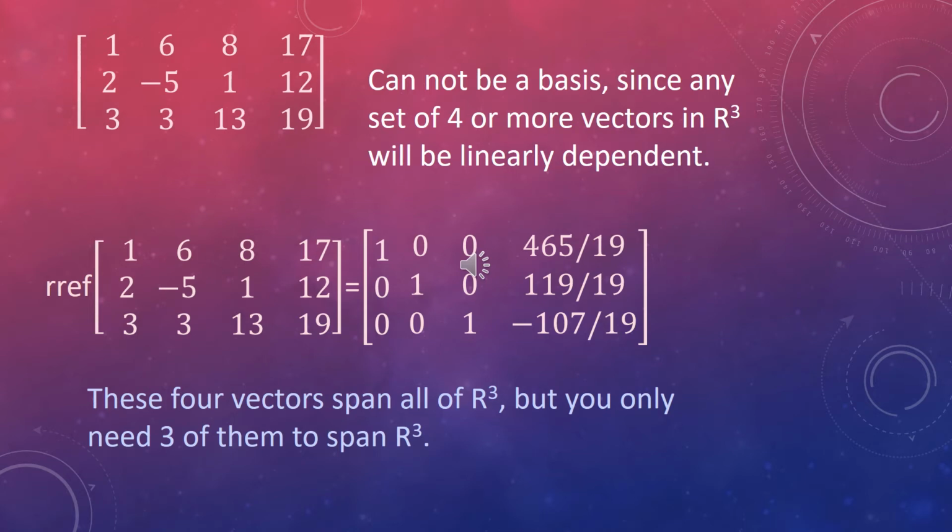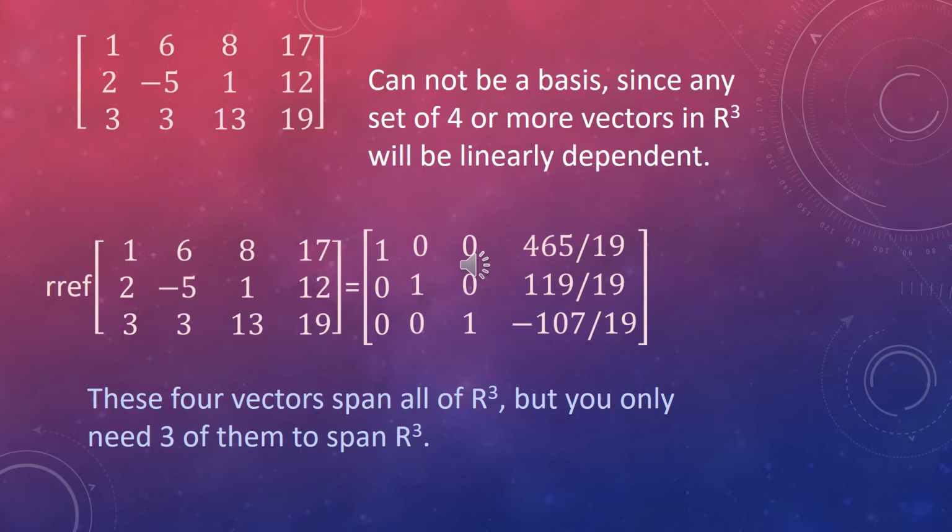If I have more than 3 vectors in R3, so if I have 3-dimensional vectors and I have more than 3 of them, they can't be considered a basis because I only need 3 to span a 3-dimensional space. Any set of 4 vectors from R3 is going to be linearly dependent. If I RREF this set, notice I don't get 4 pivot columns, I only get 3 pivot columns, and the fourth column is linearly dependent on the others.